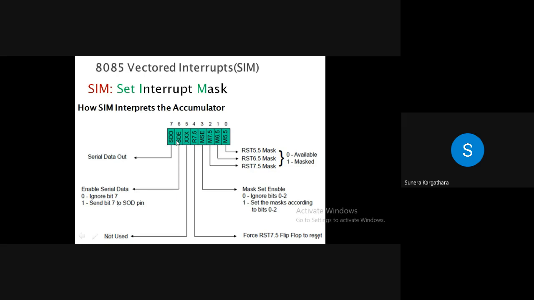Right, so these 2 bits will configure your serial communication, whether there is data available for serial communication. If yes, then it will be 1. If no, then it will be 0, and there is no use of D7. If it is available, whatever bit you want to transmit, you need to keep here.